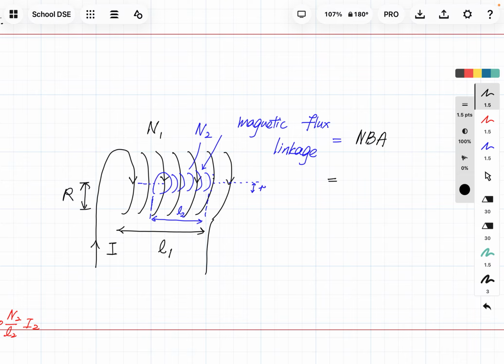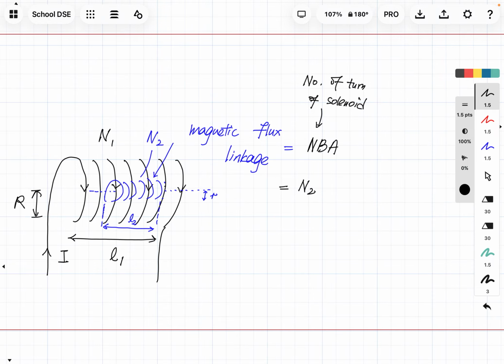This is given in the equation book, that N over L, but you need to be aware of this question that I asked, because intuitively we may think more turns, larger N should have more field, but this is actually not true. What really matters in determining the magnetic field strength is the ratio of the number of turns to the length of it.